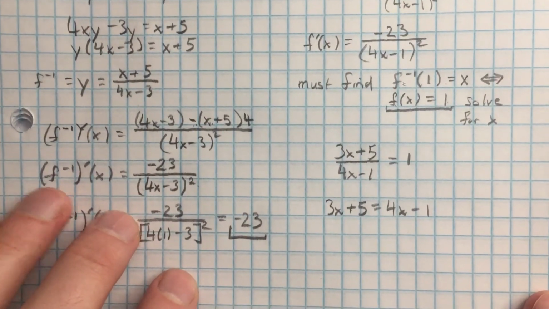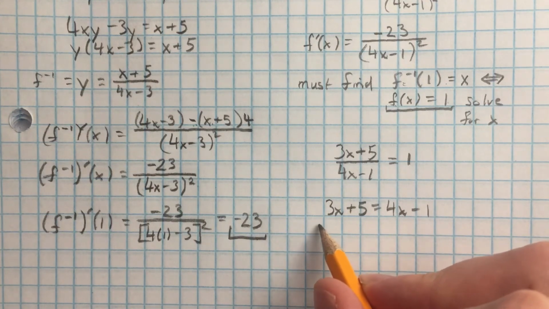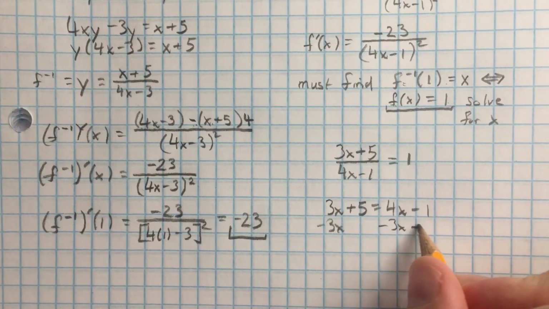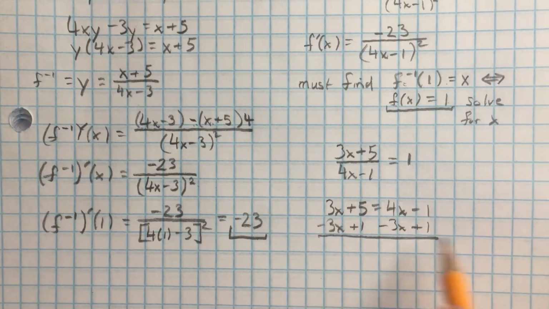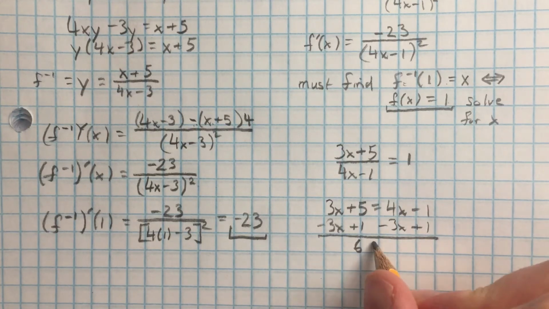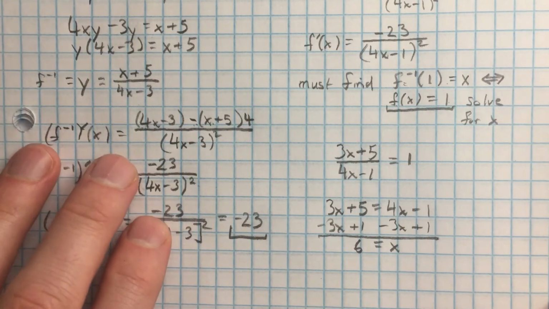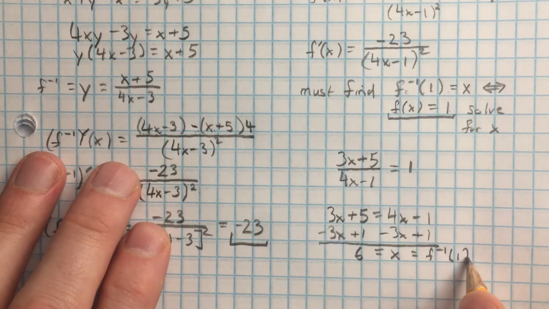Simply switching some pieces here. I'll subtract 3x, I'll add 1, and we arrive at 6 equals x. All right, 6. 6 is x. So therefore, that means 6 is f inverse at 1.